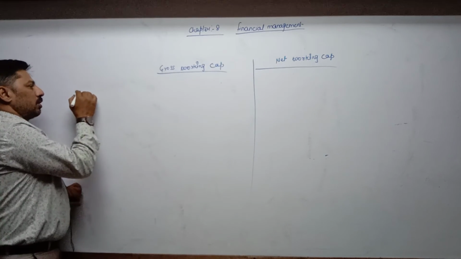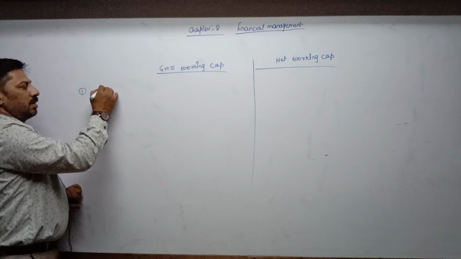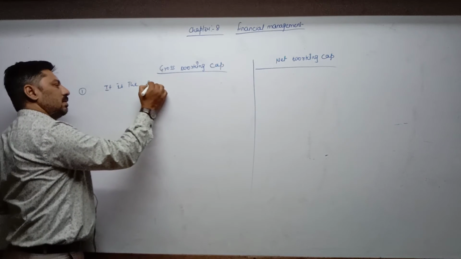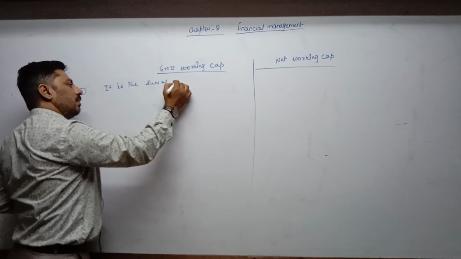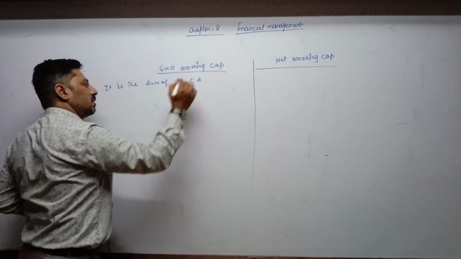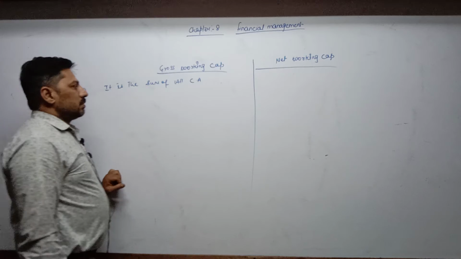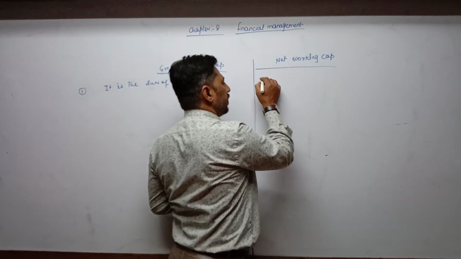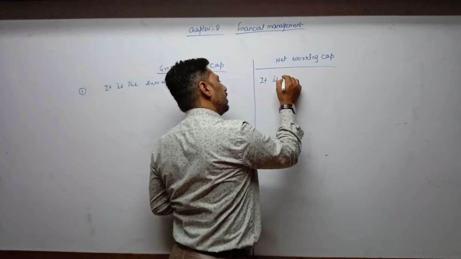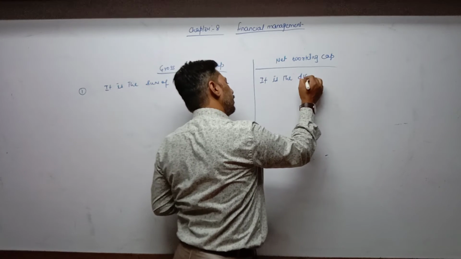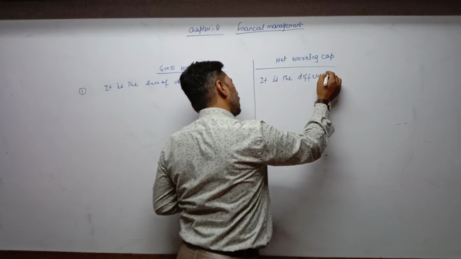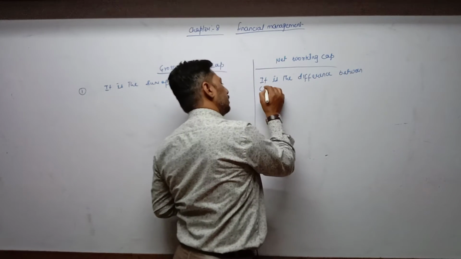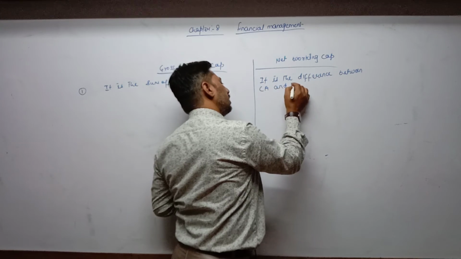First, we all know the meaning. Gross working capital is the sum of all current assets. Second, net working capital, we know the definition. It is the difference between current asset and current liability.